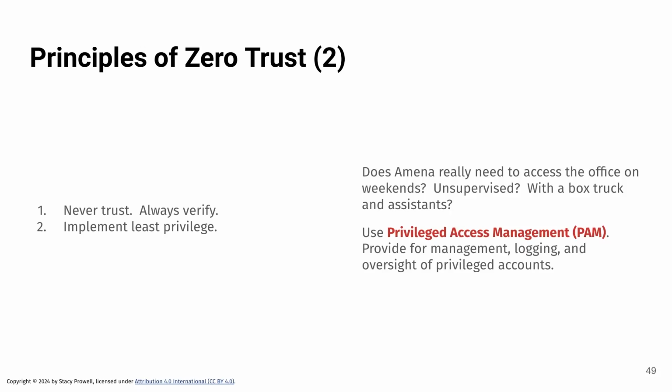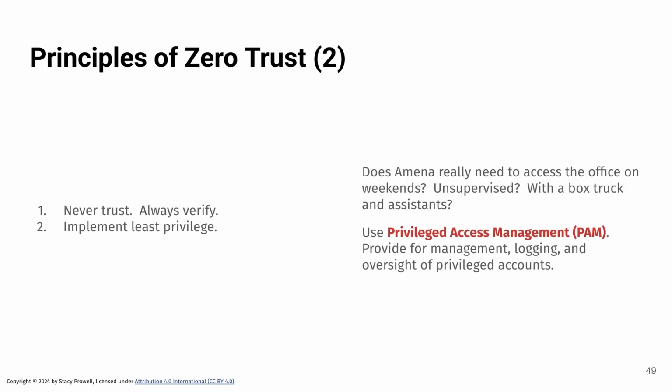Implement least privilege. Okay? Least privilege, right? People be needing to print, so let them print. But does Amina really need access to the office on weekends? Unsupervised? With a box truck and a bunch of assistants? Something may be going on with that. I don't know. Maybe she does, but this is something I really should ask about, right?